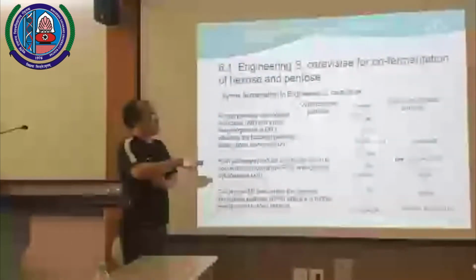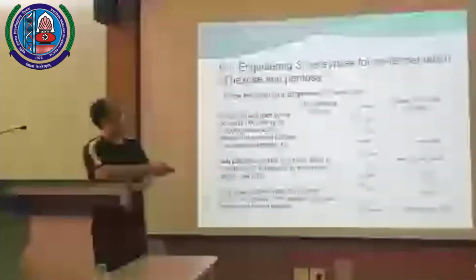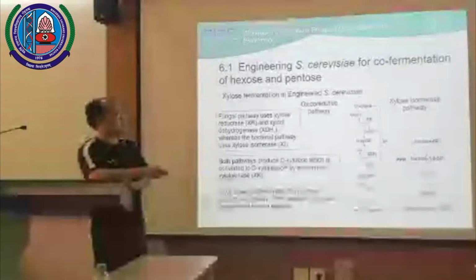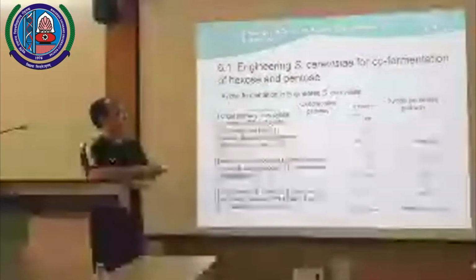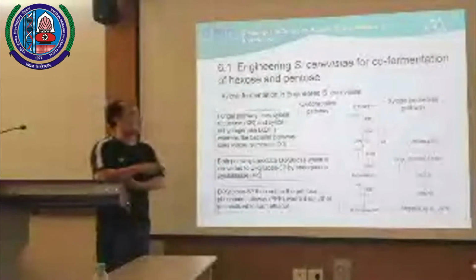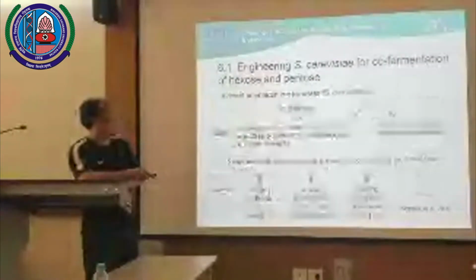And in particular, for the fungal pathway, there is a byproduct intermediate. It is xylitol. Xylitol is a major byproduct for the first pathway, the XR and XDH.